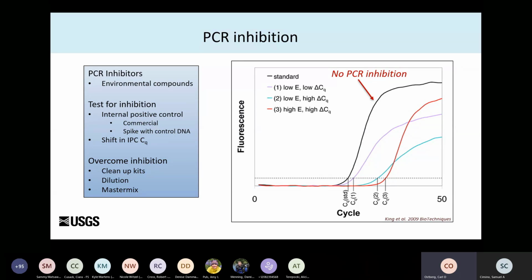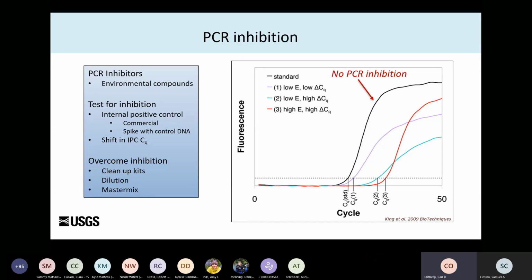So the first thing we do prior to testing for our target species is to test for PCR inhibition. Testing is performed using an internal positive control, done using commercial kits, or samples can be spiked with control DNA that you don't expect to see in those samples.